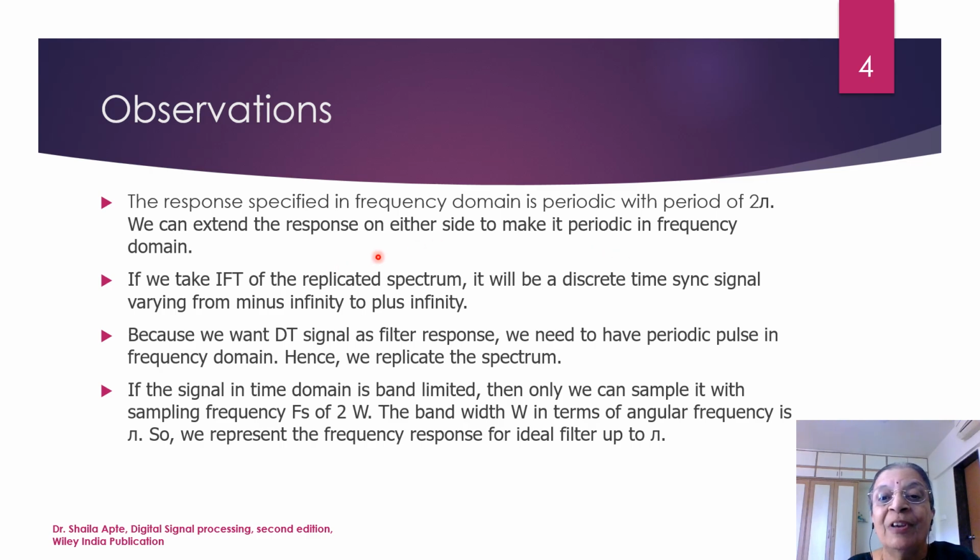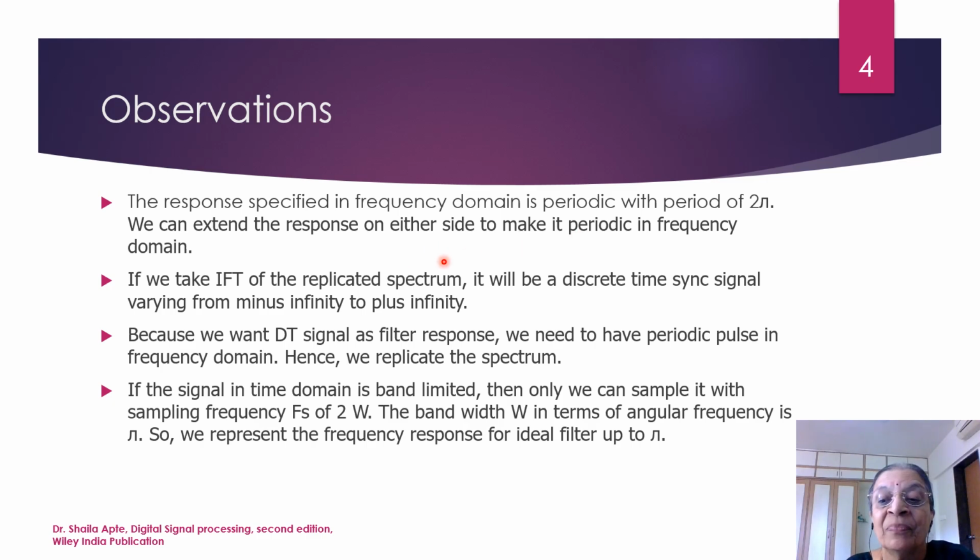Now, why at all do we want frequency domain periodicity? This is because we want to design a discrete time filter. And if I want to get a discrete time signal as the time domain signal back, when we go to the frequency domain, we must have the periodic waveform, that is, the periodic frequency response.